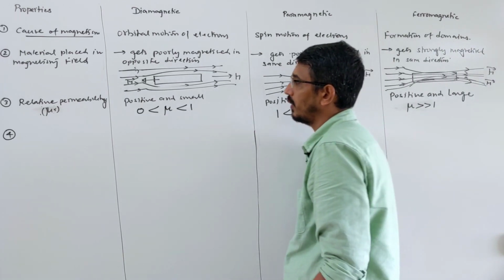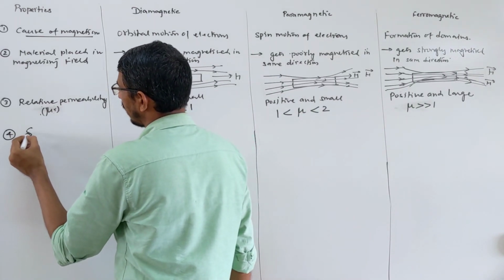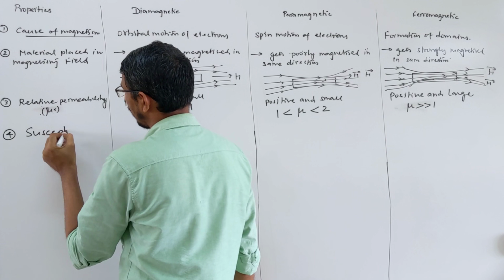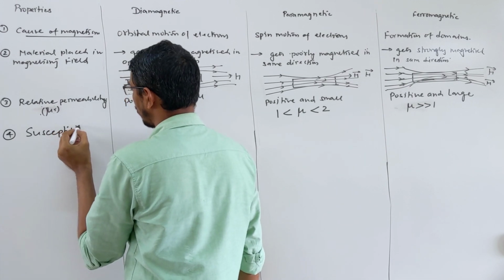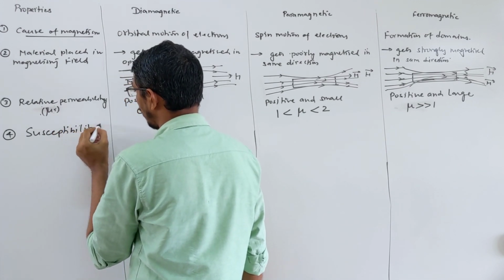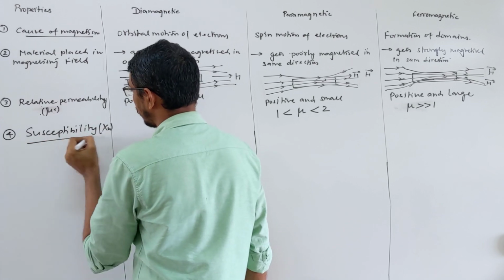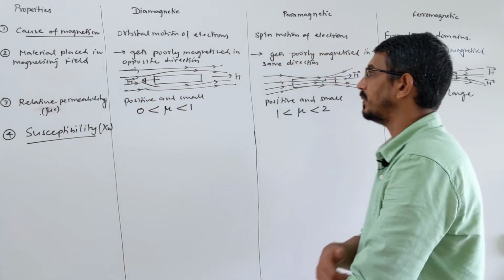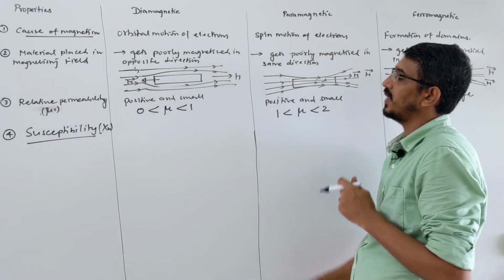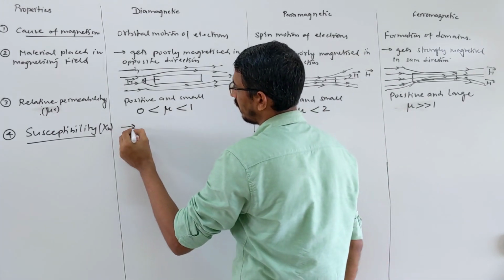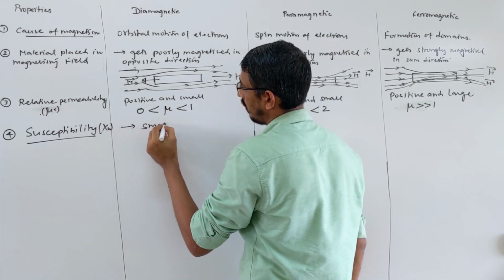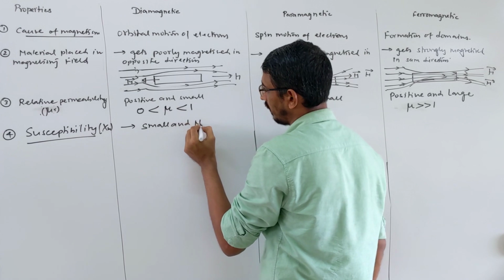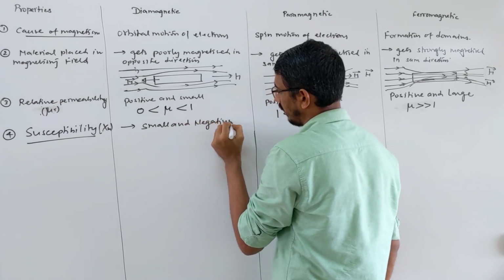Okay. Then I told about susceptibility. Chi, we are talking. Okay, susceptibility. This material has negative susceptibility. So I'm writing small and negative.